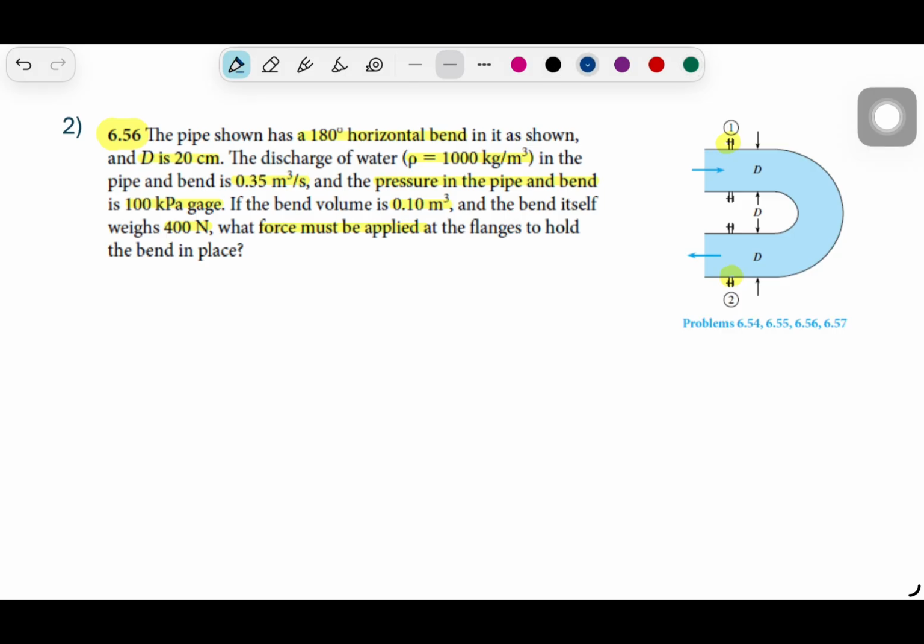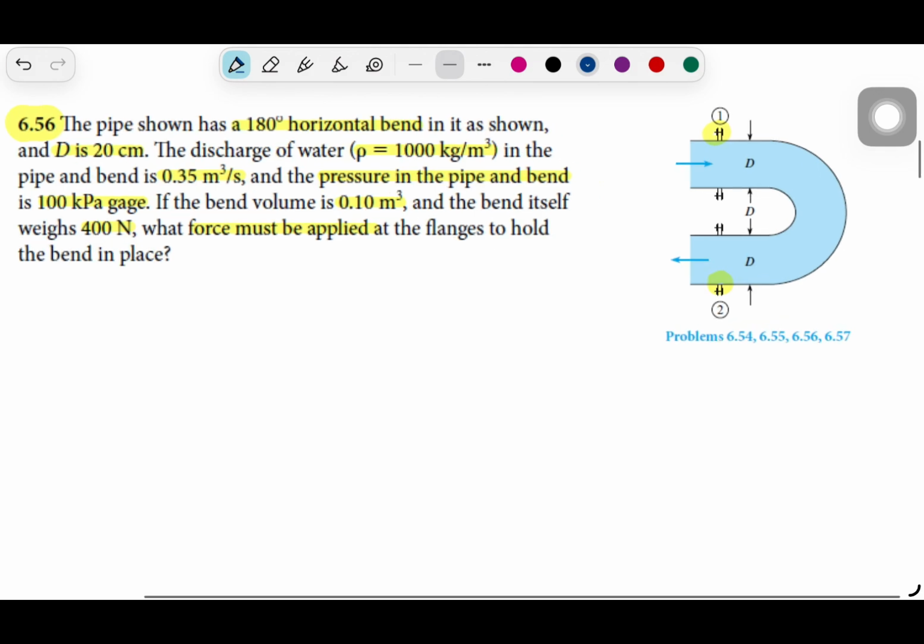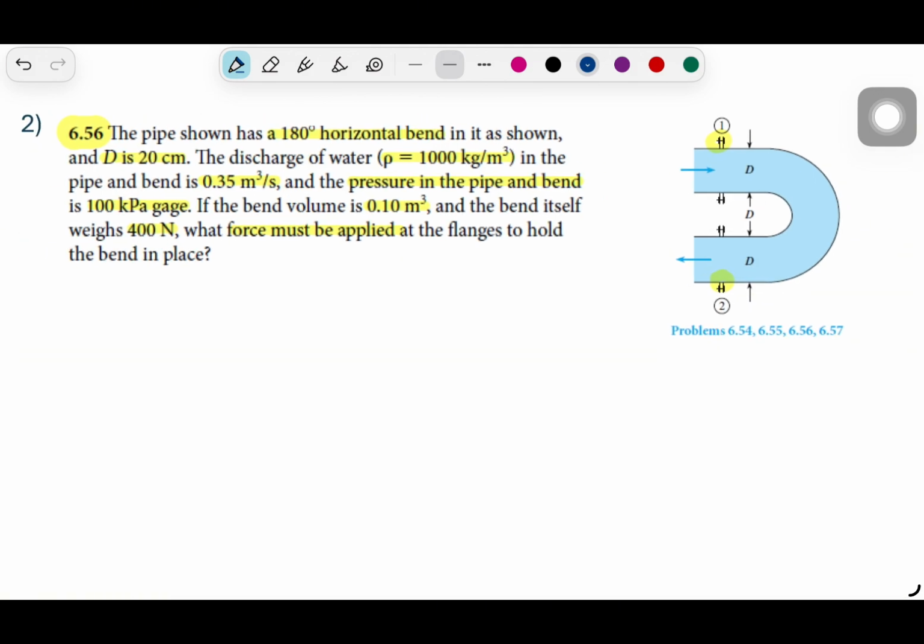So differently from the first question, this time we have force, we have pressure. So the pressure will always act into the control volume. So we will have pressure force here and pressure force here.